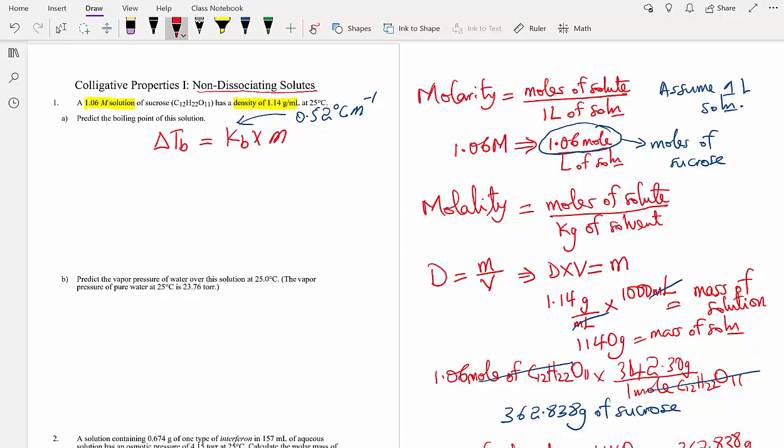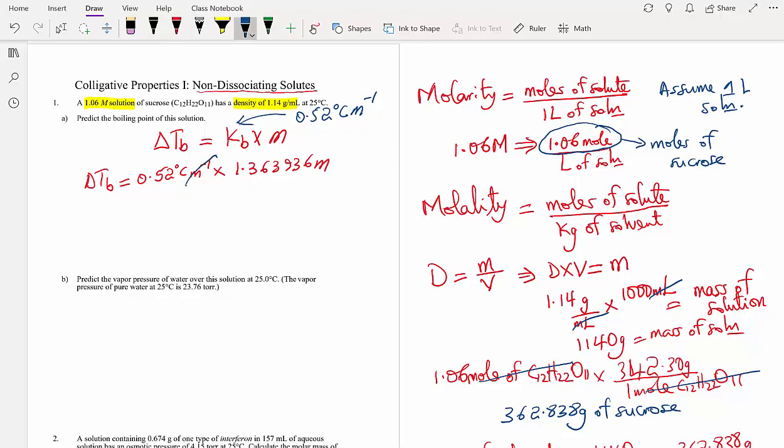So delta TB will be equal to 0.52 degrees Celsius per molal multiplied by the molality of the solution, which we calculated as 1.363936 molal.